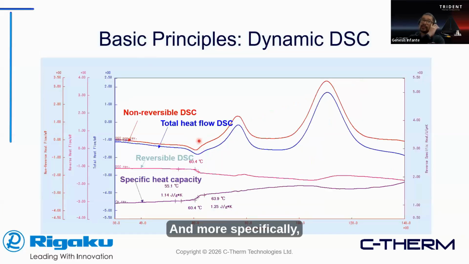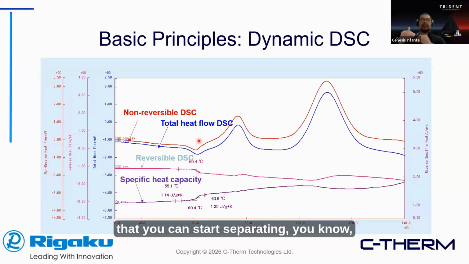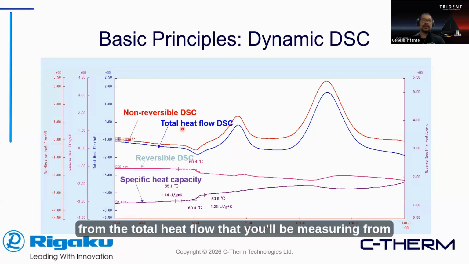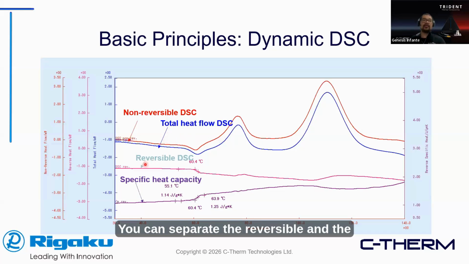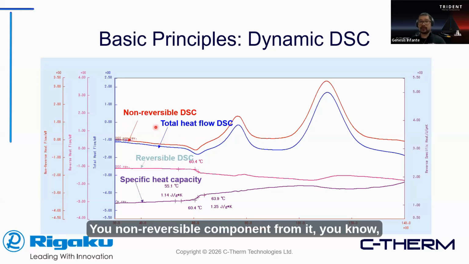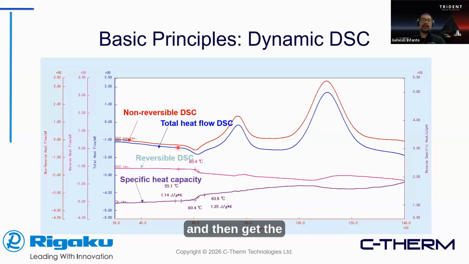And more specifically, you can see here that you can start separating, from the total heat flow that you'll be measuring from that modulated DSC, the reversible and the non-reversible component, and get the specific heat capacity from the different components.